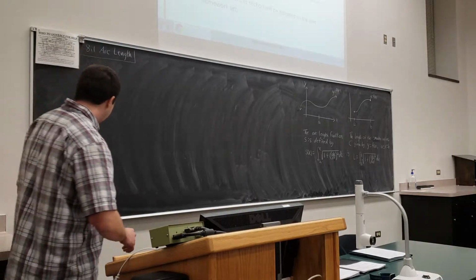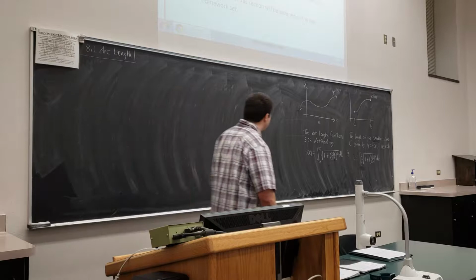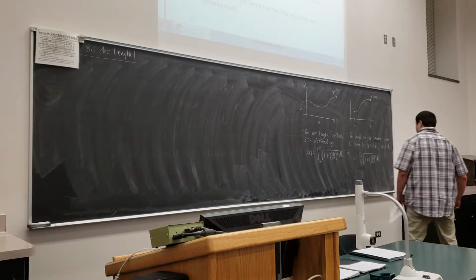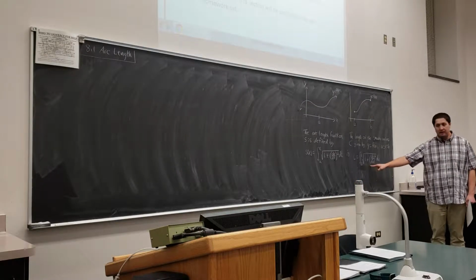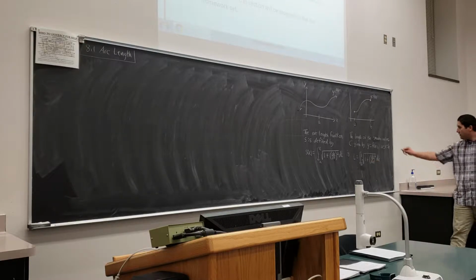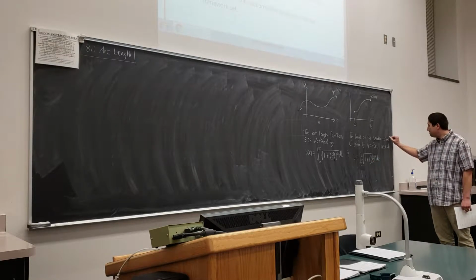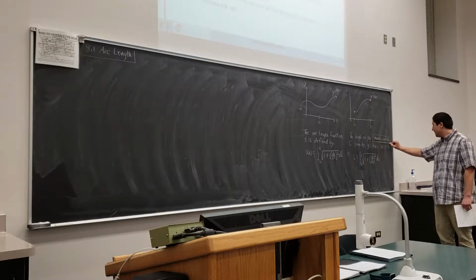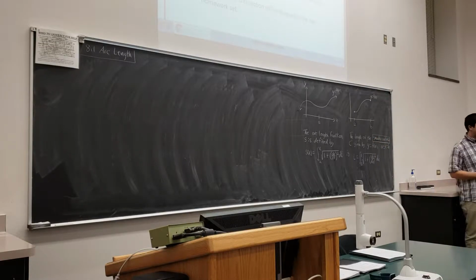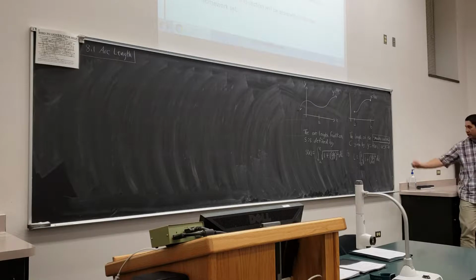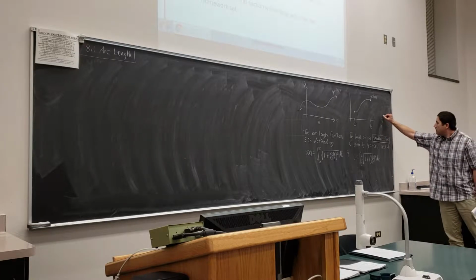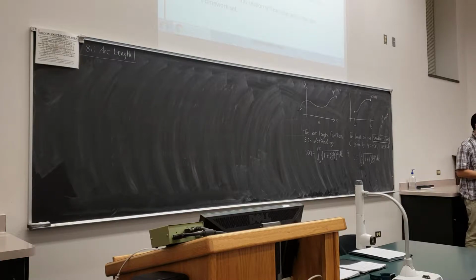Okay, let's start. So we've defined what we meant by the length of our curve by taking a particular limit of Riemann sums and using the mean value theorem. We get something that looks like this. And for this to work, we have to have a so-called smooth curve. The smooth curve just means that if we take the first derivative, it will exist, and it has to be continuous as well.